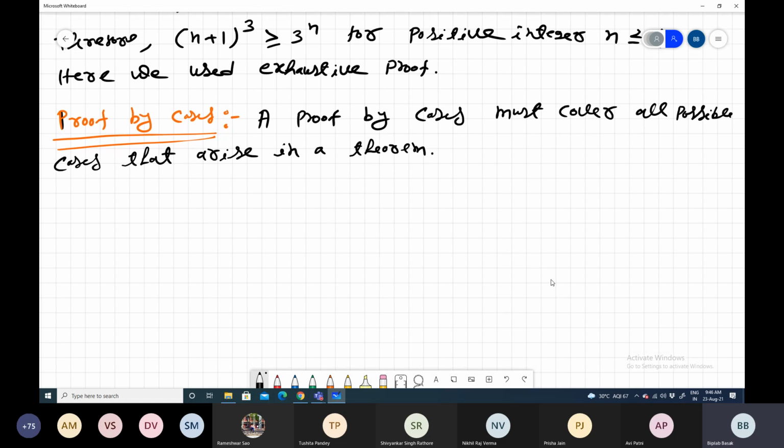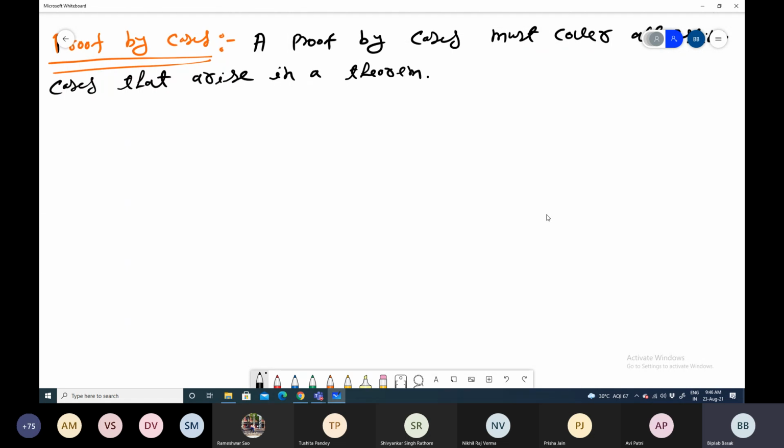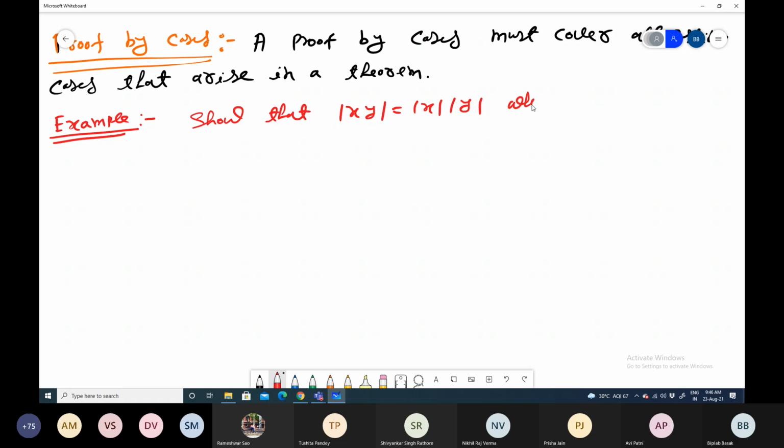Okay. Now again, I will look at an example which will be a different one, not the previous one. So we will give another example. Show that |xy| = |x||y|, where x, y are real numbers.